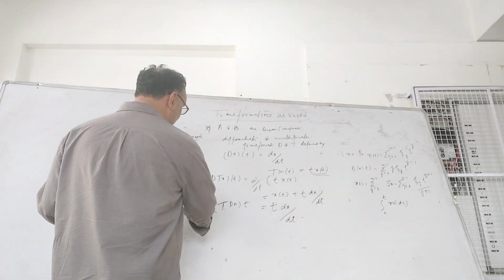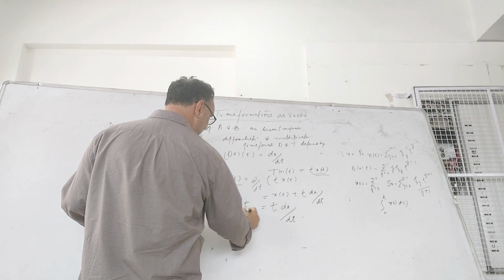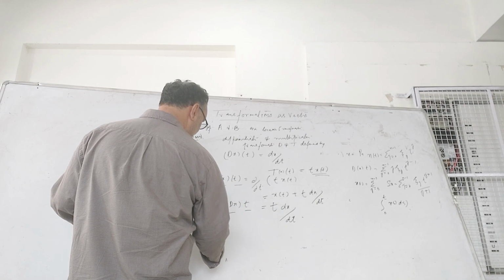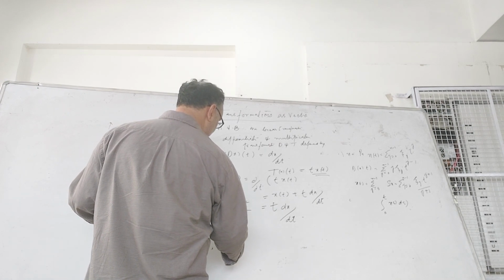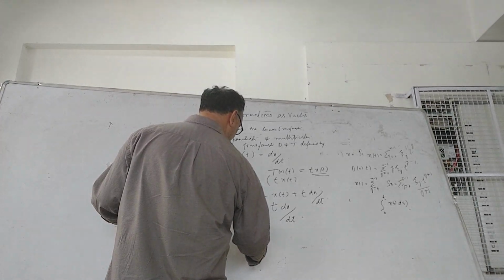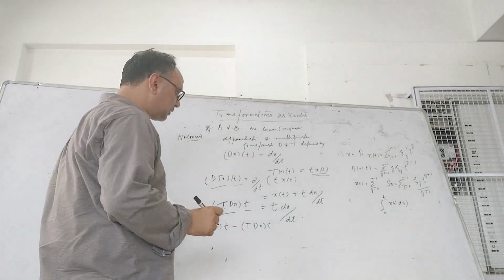Now if you want to check the commutativity, it will be DT of x minus TD of x, like AB minus BA.